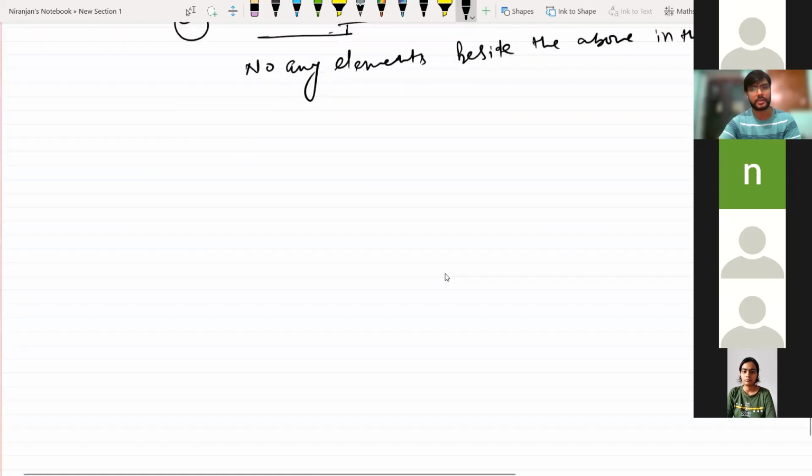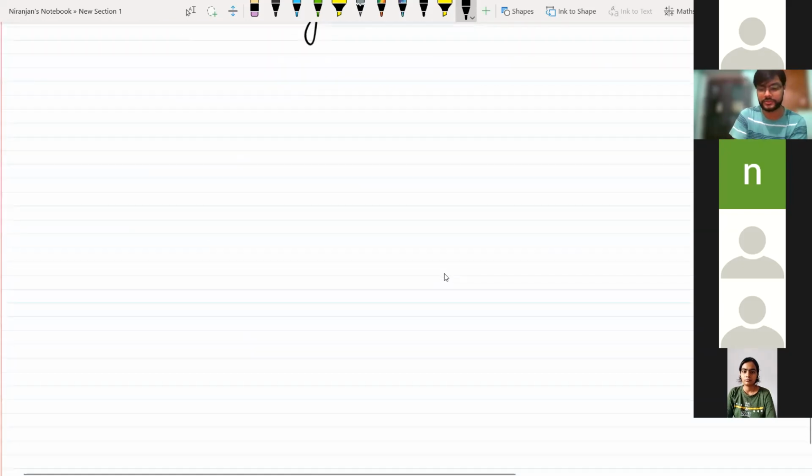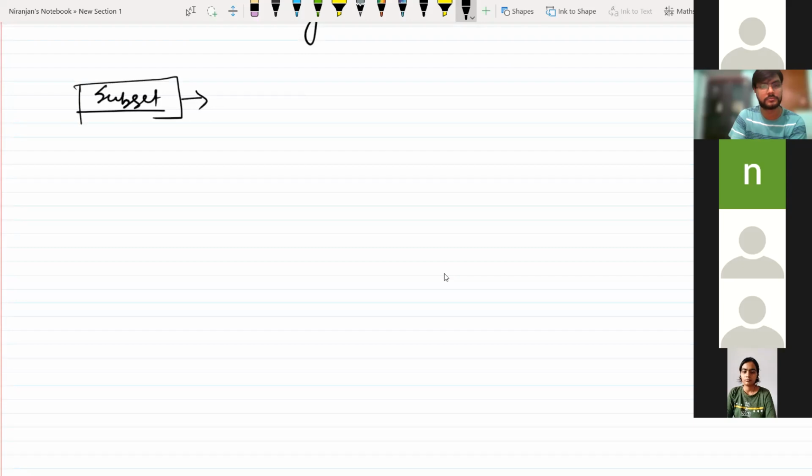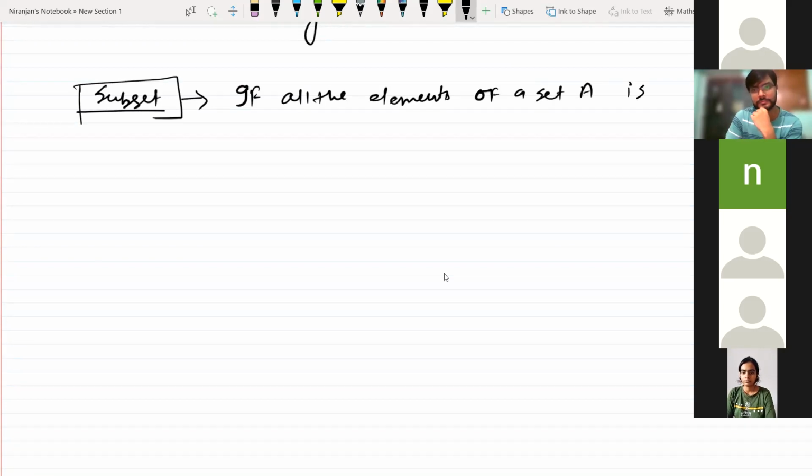Okay, now let's talk about an important thing. This is really important, and this is called subset. Can anyone tell me what a subset is? If every element of set A is also an element of set B. Yes, who answered this question?